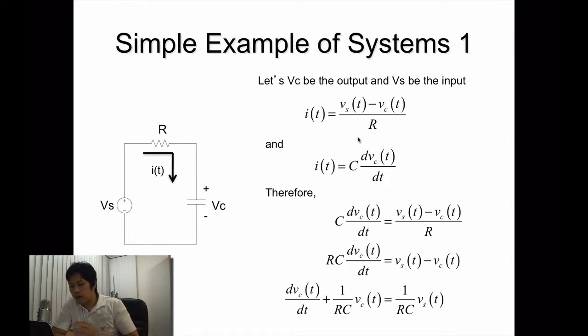Then we can further substitute the terms into this equation. That is, we know that i(t) here, since it passes through the capacitor, also must obey the properties of the capacitor current. That is i(t) equals C, the capacitance, times dvc(t)/dt, the change of the voltage vc(t) over time. So then we can equate the two equations by i(t).